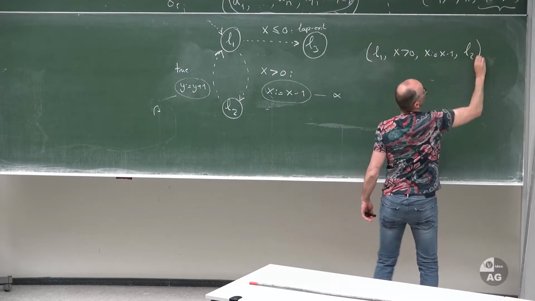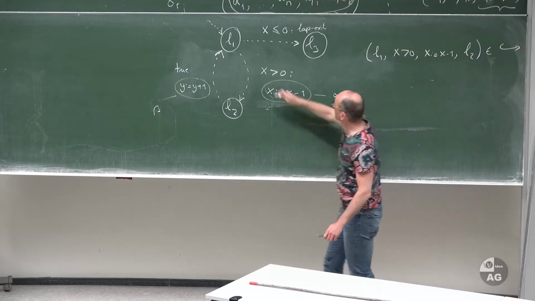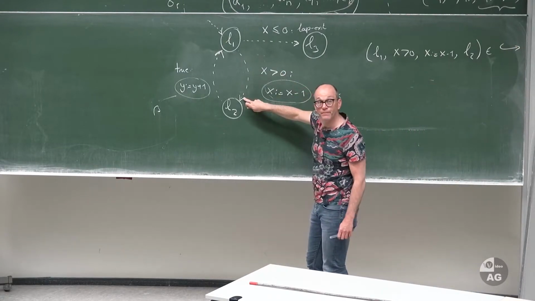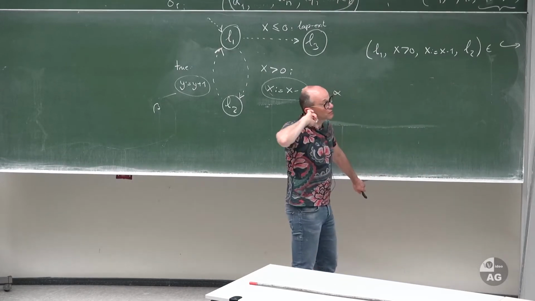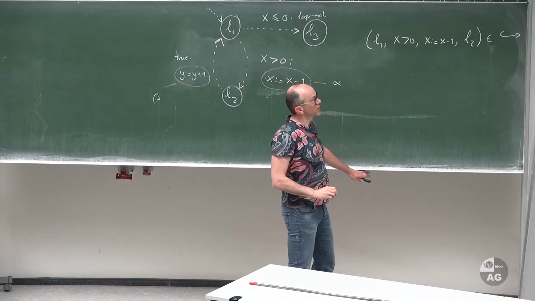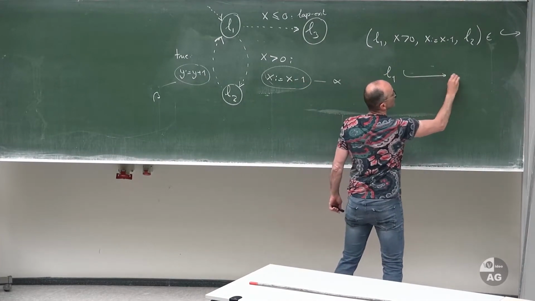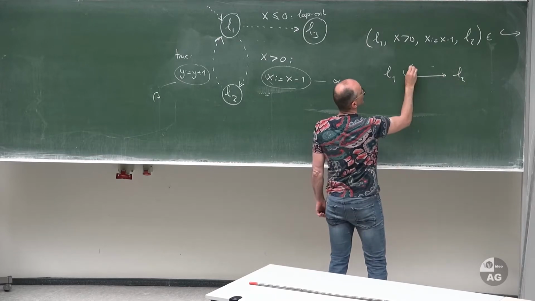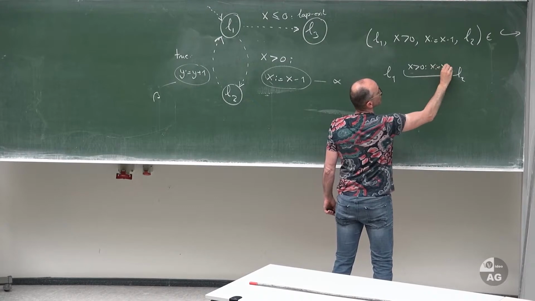So this belongs to this relation, and that corresponds exactly to this edge over here. The way to write this is a bit awkward, so I'm going to use a similar notation as I introduced for the transition system. We say that L1 has an edge that goes to L2. It's labeled with: if x is larger than 0, then we say x becomes x minus 1.